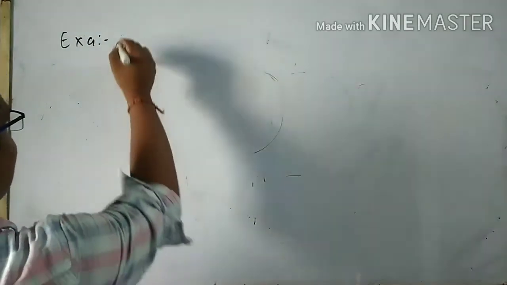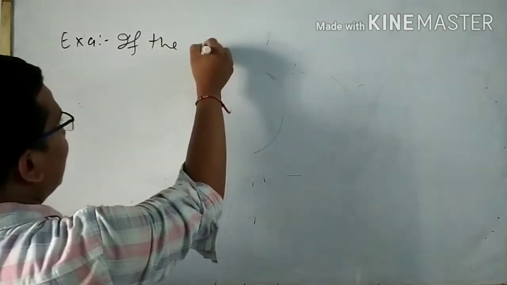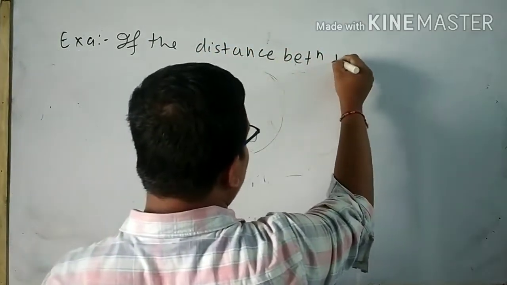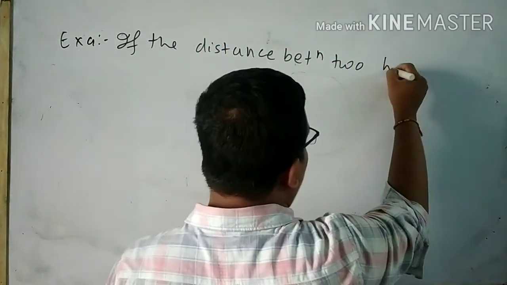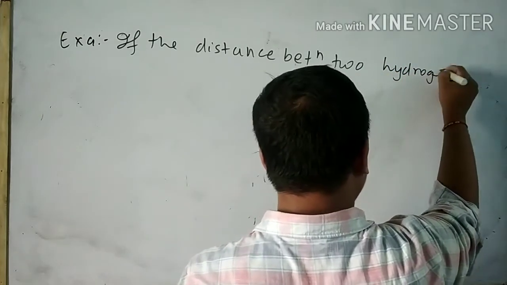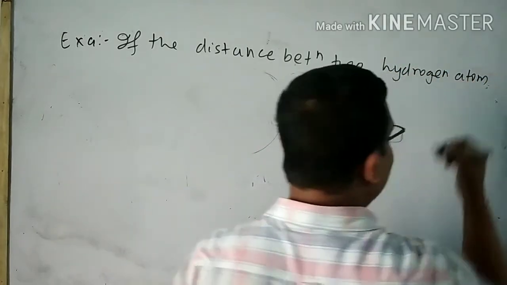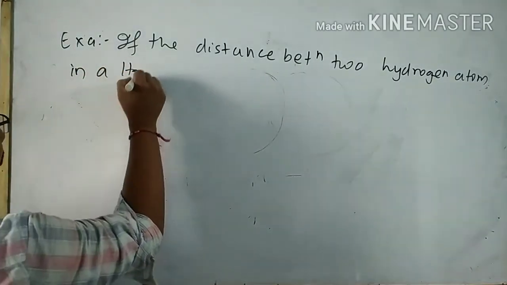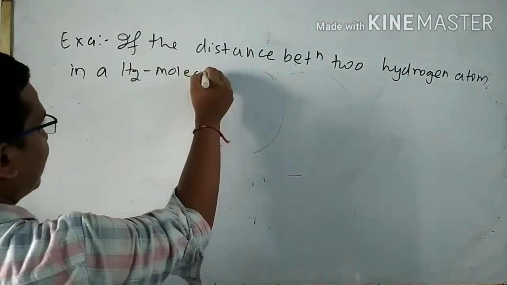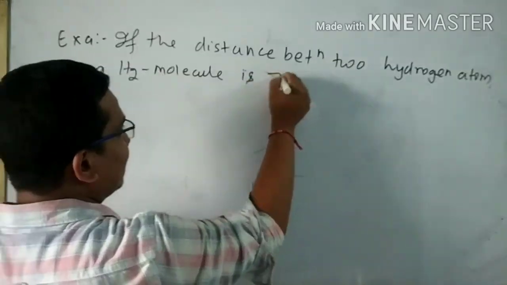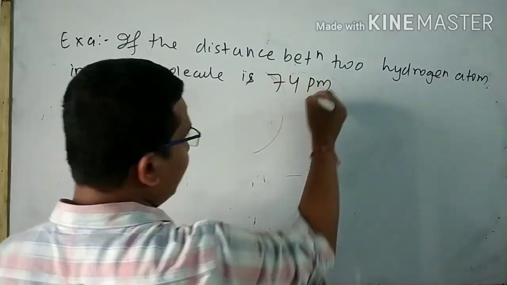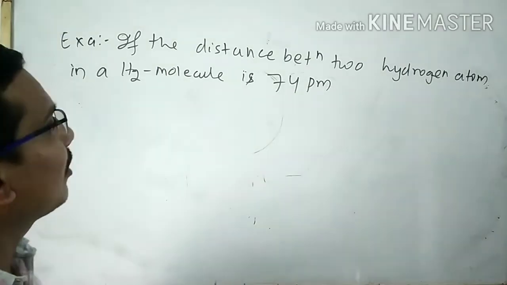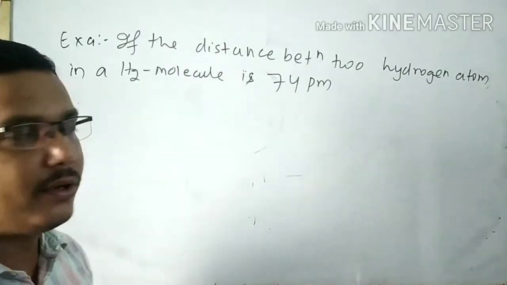If the distance between two hydrogen atoms in a H2 molecule is 74 pm, then what will be the covalent radii for the molecule?